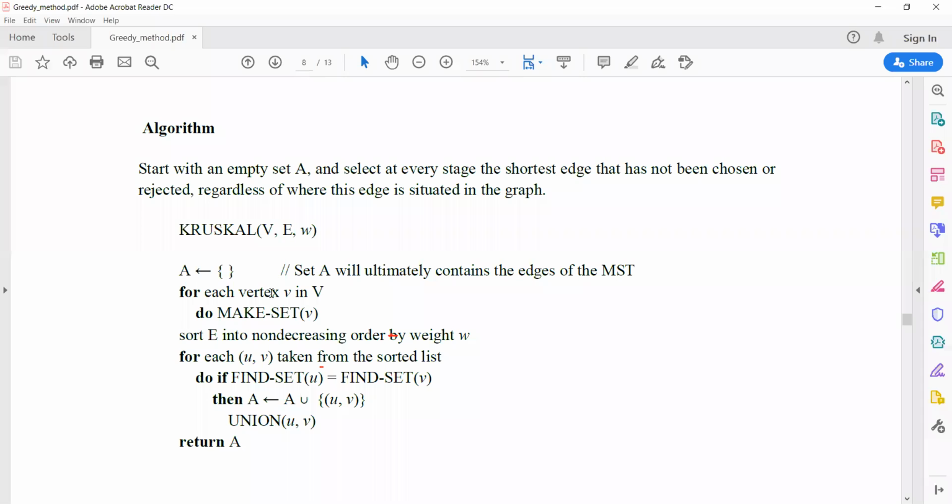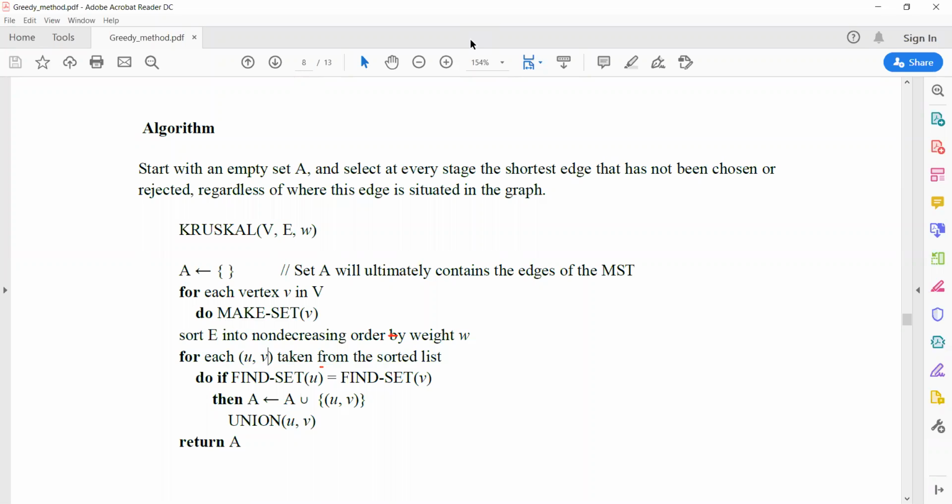Now for every vertex V in the vertex set V, you make a set of V. Sort E, the edge set, into non-decreasing order by weight W. Okay. So for each edge UV in the sorted list, UV basically denotes each and every edge.